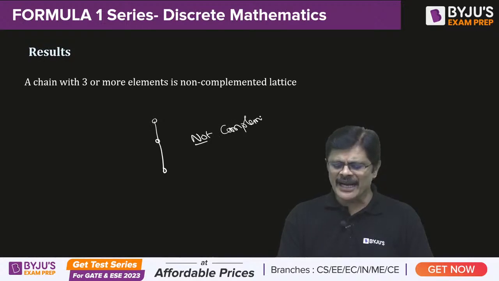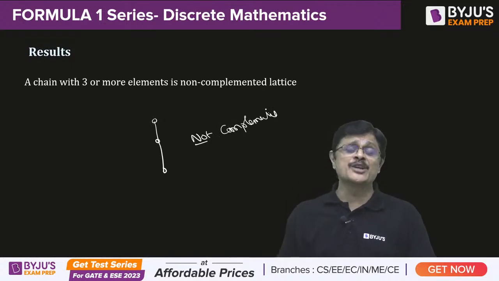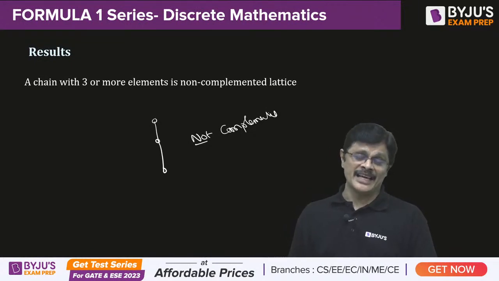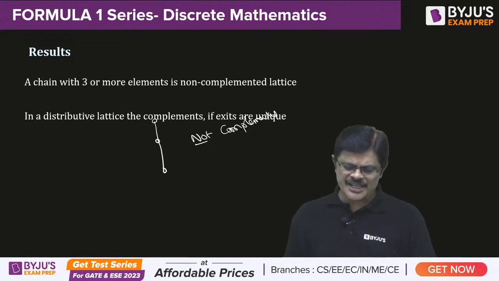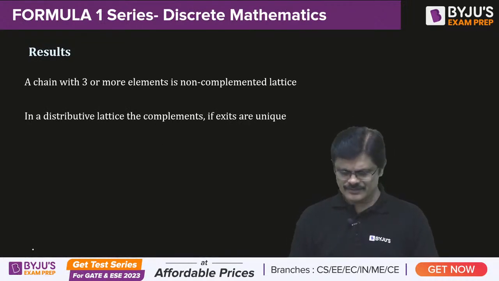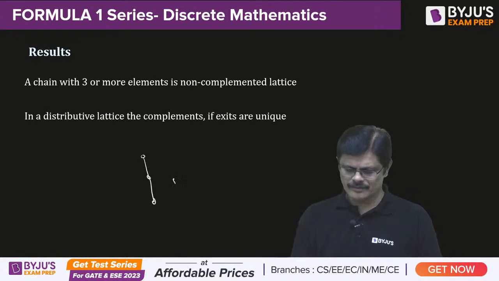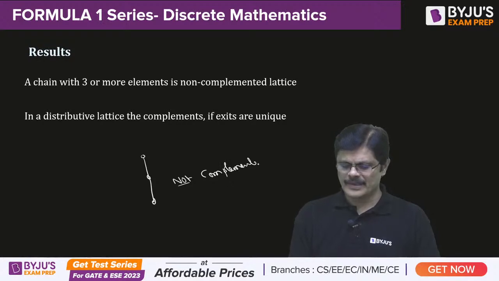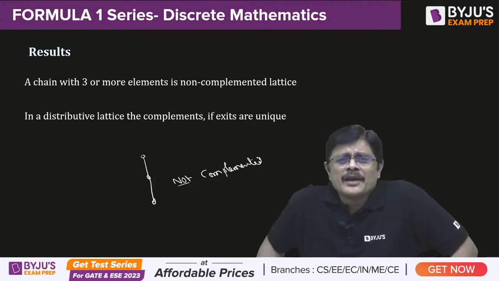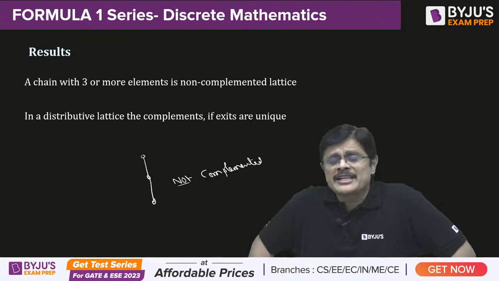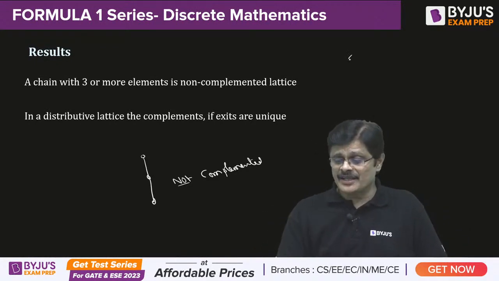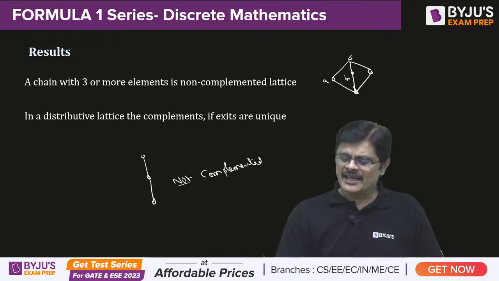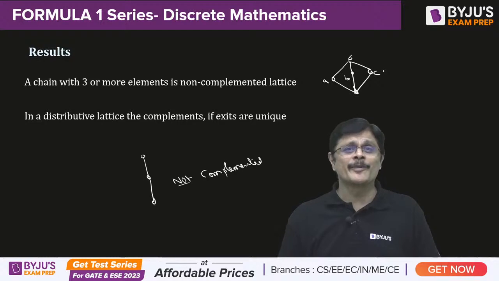See, a complemented lattice means every element should have a complement. And generally, even if a complement exists for a single element, there may be multiple complements. This is a very popular example. See, if this element is A, B is a complement for this, C is also a complement for this.